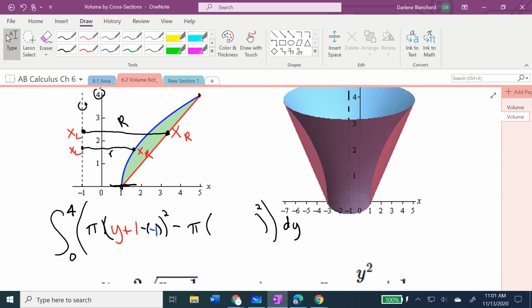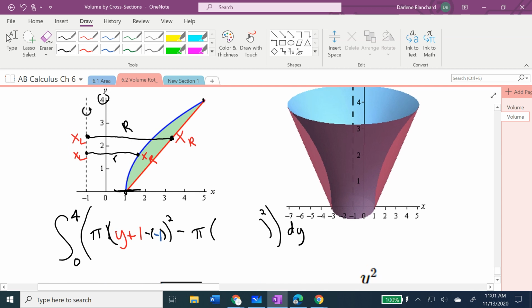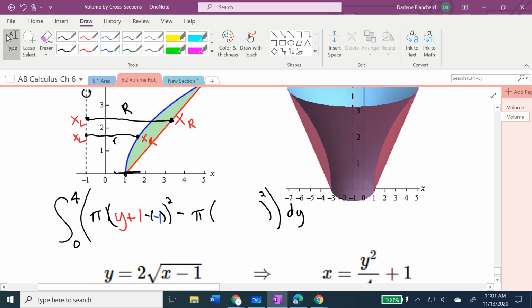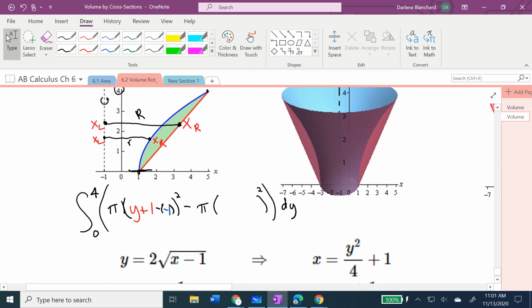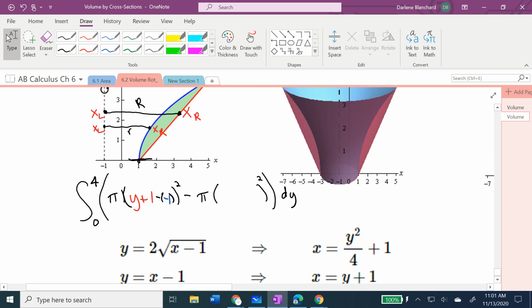Then for my inner radius, I need to know the right x coordinate, which means I'm going to have to, again, and this shows it right there, take the equation that has y isolated and instead isolate the x.